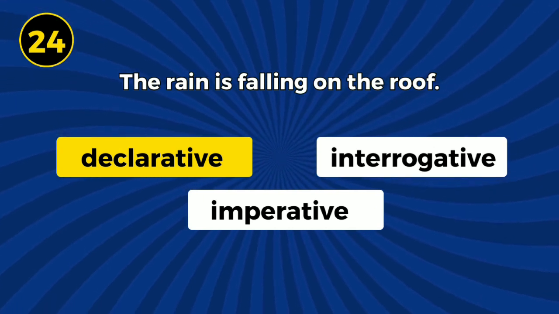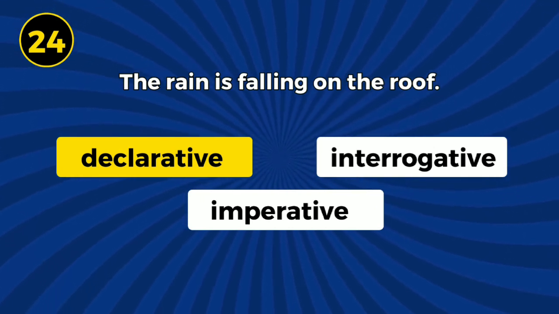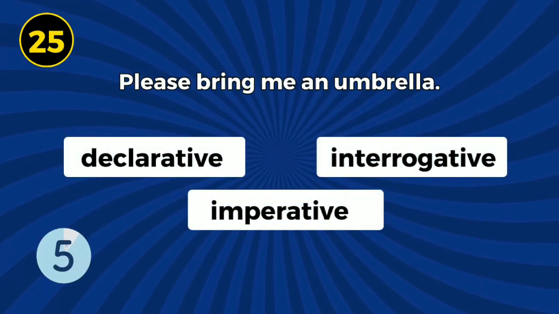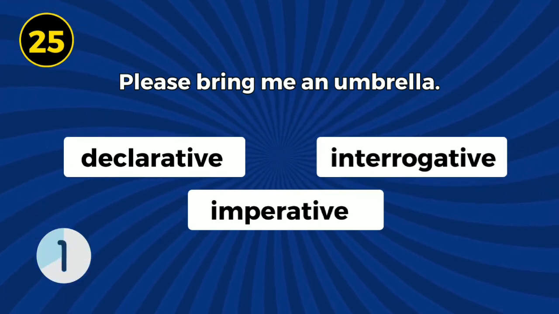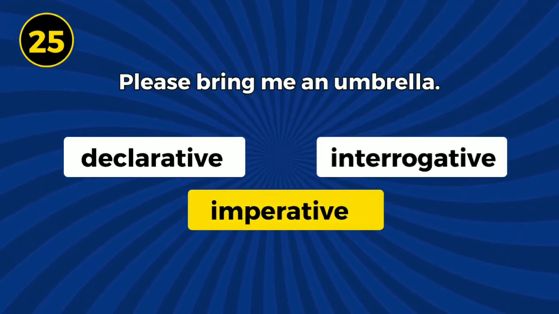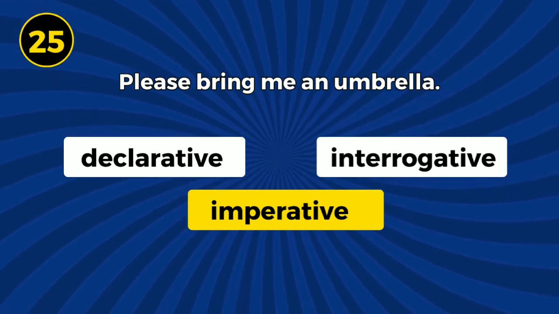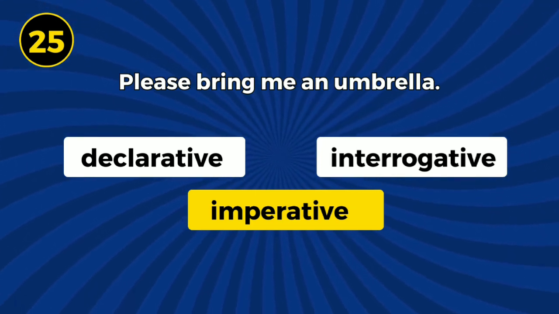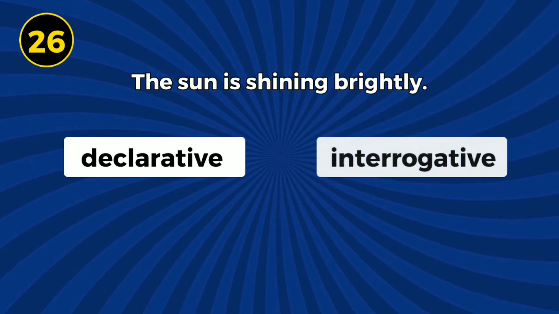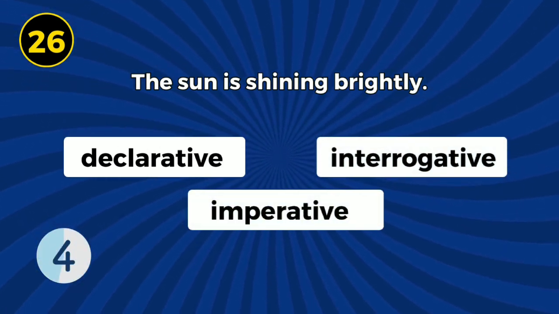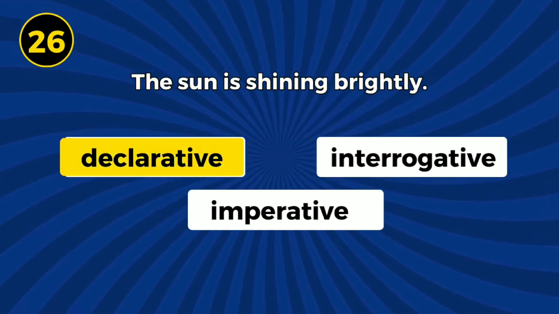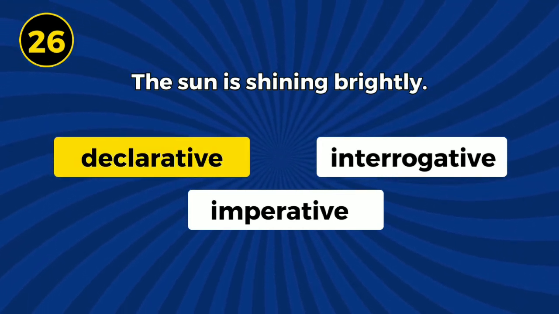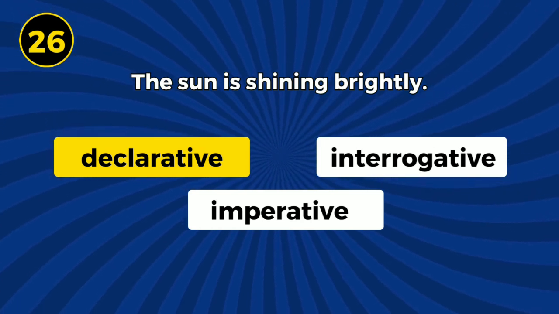The rain is falling on the roof. It is a declarative sentence. Please bring me an umbrella. It is an imperative sentence. The sun is shining brightly. It is a declarative sentence.